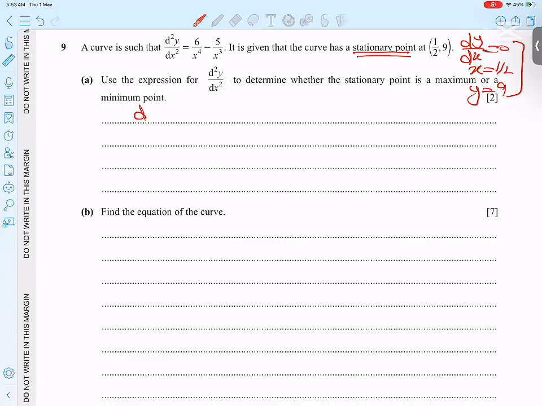I will plug into the second derivative, replacing each x value by the x value. What is the x value? So I'm going to replace it with half here and half here. I hope the point is very clear.